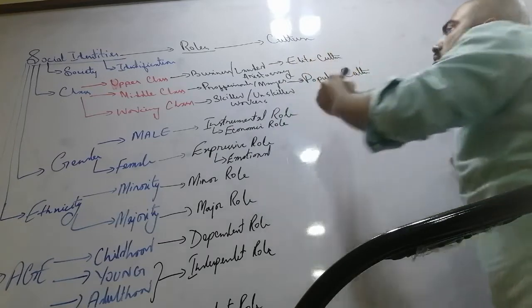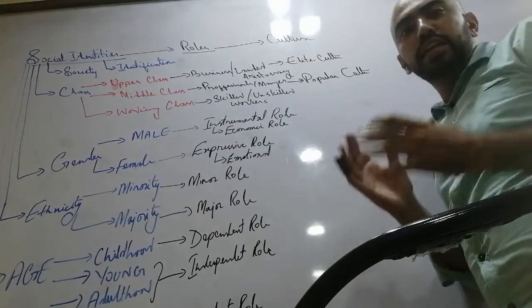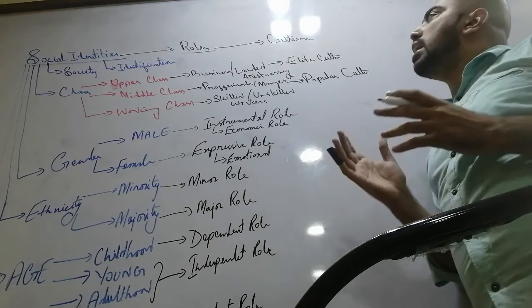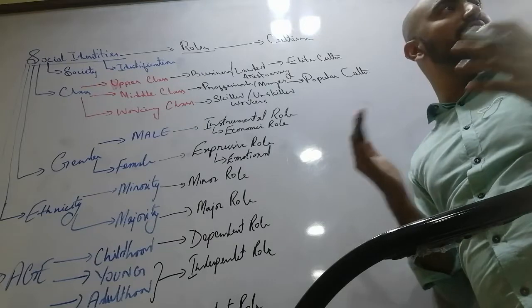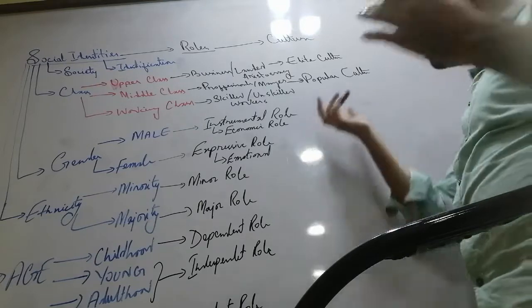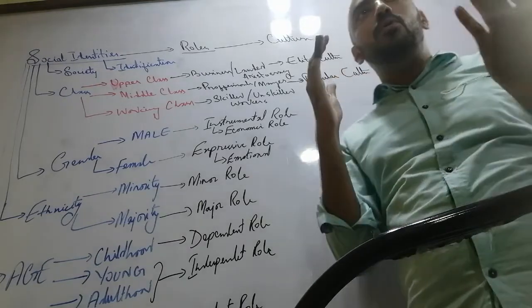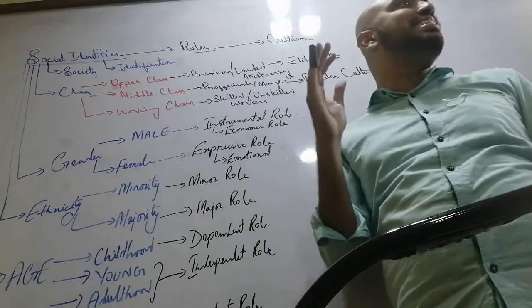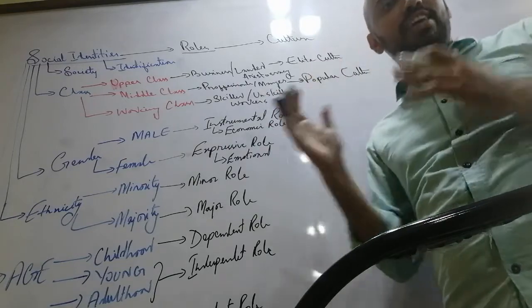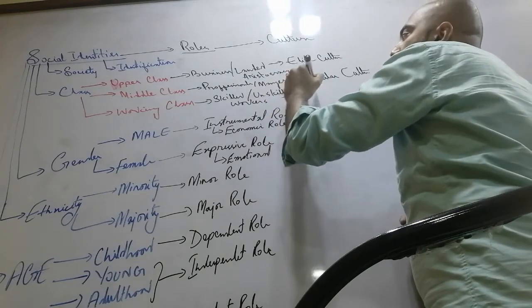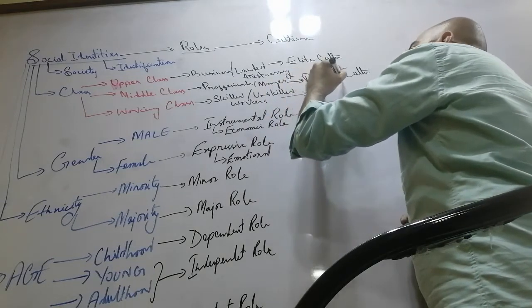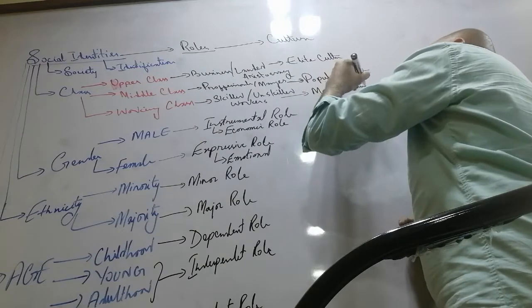Like if you talk about the elite culture, it may result in what? The elite culture may have paintings, classical music, dance, theaters. And if you talk about popular culture, they are more inclined towards cinemas and concerts. They both have different interests. Okay. And if you talk about the working class, they used to follow the mass culture.